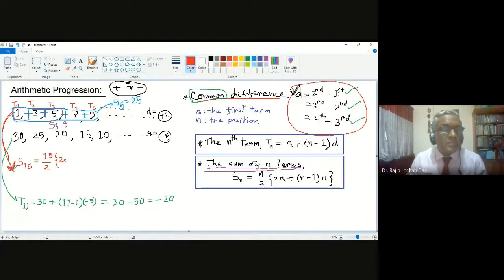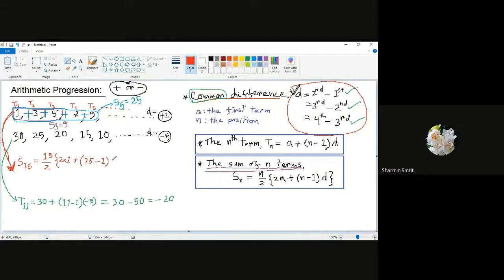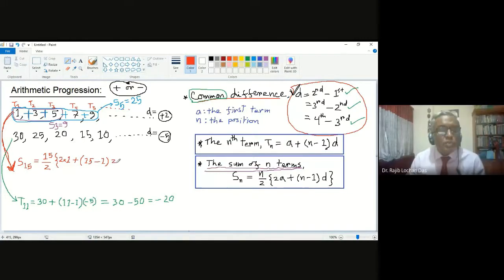So it is 1, and then plus, first bracket, n minus 1, 15 minus 1, into d. So what is d? d is 2.